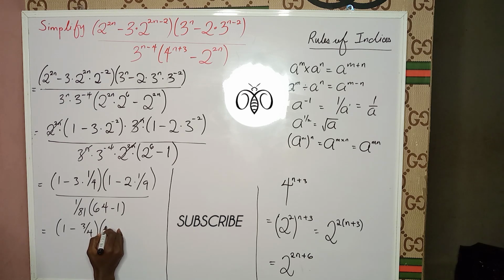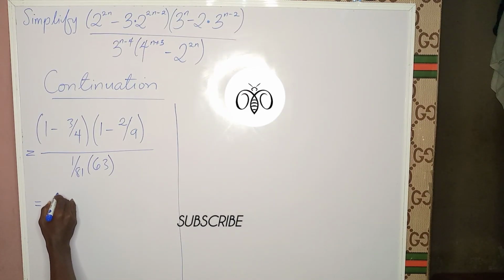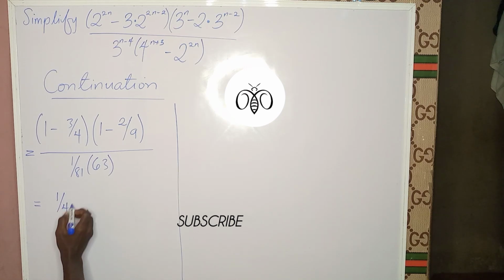We're going to use a calculator. 1 minus 2 over 9 over 1 over 81, this is 63, that becomes 1 over 81 times 63, equals to 1 over 4.